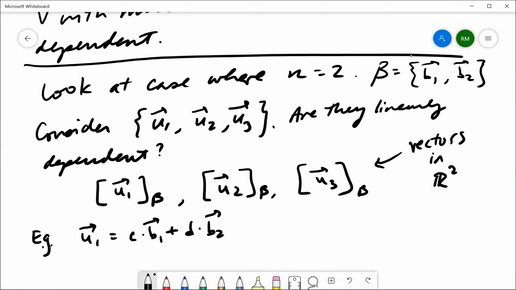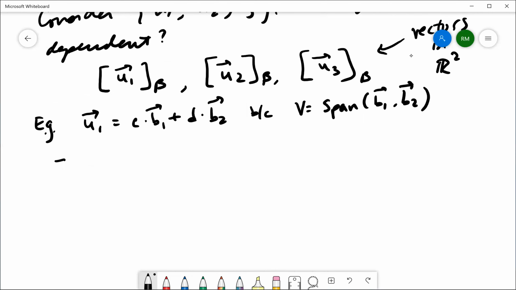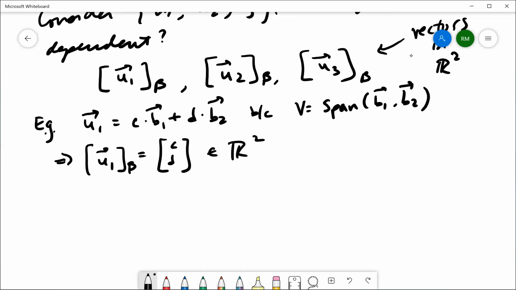We know this is true because the vector space V is equal to the span of B1 and B2, because those 2 vectors are a basis. Well, what this would tell us then is that this vector is the vector CD. So we see that this vector has 2 entries. It's an element in the real numbers squared.